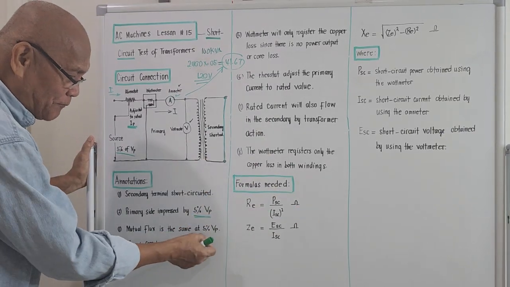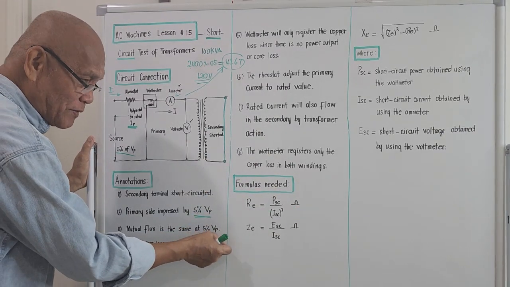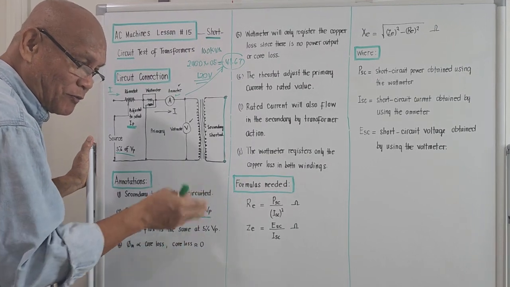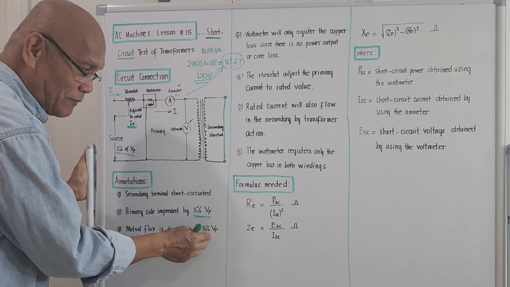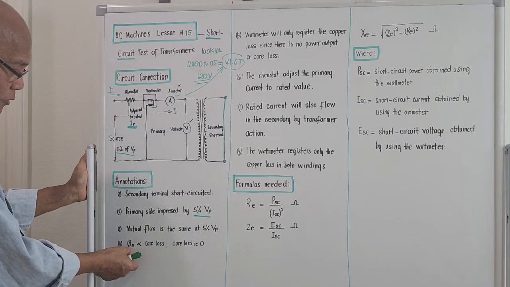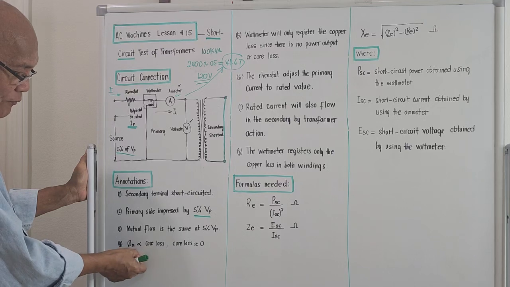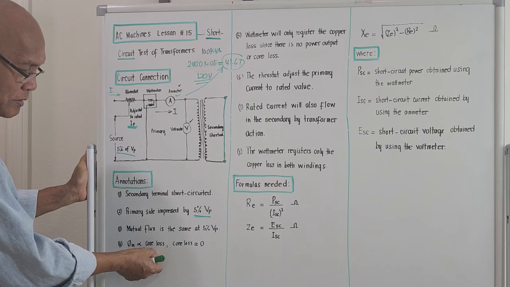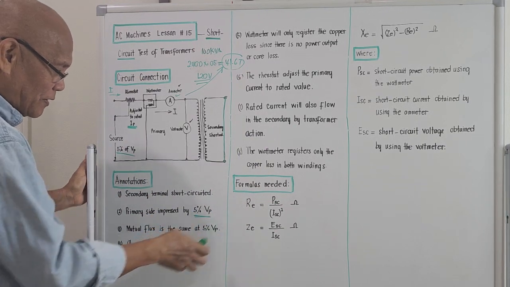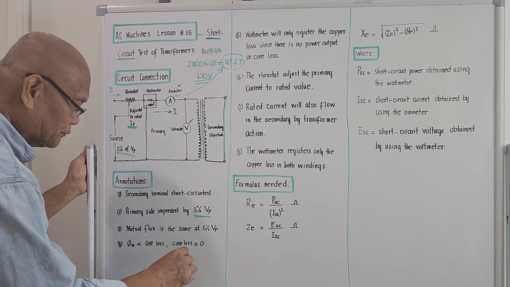So even though the impressed voltage is only 5% BP, the mutual flux is the same as if the voltage is equal to BP. That's the meaning of that one. Number 4, the mutual flux is directly proportional to the core loss. Engineers say that at 5% BP, the core loss is 0.